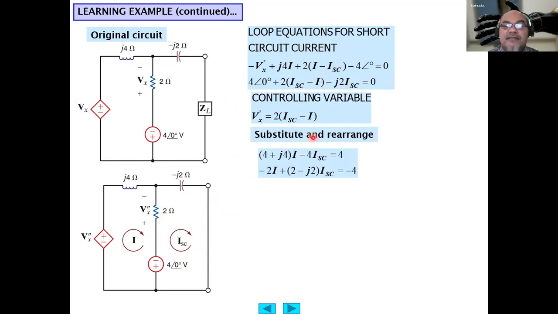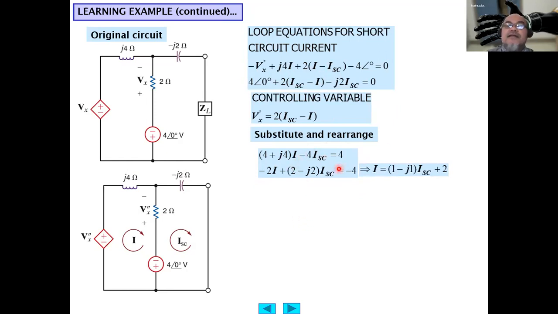Substituting and rearranging from the first and second equations, substituting Vx'' with this value, we obtain 4 plus j4 times I minus 4 ISC equals 4. And from here we obtain minus 2I plus (2 minus j2) ISC equals negative 4.